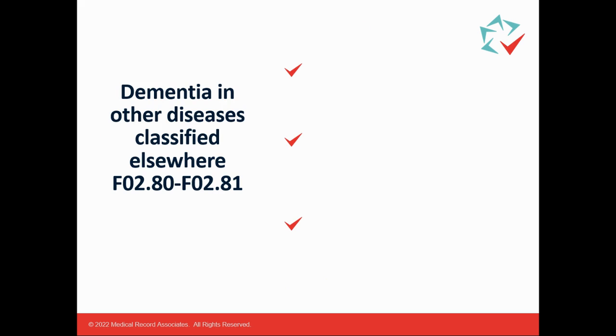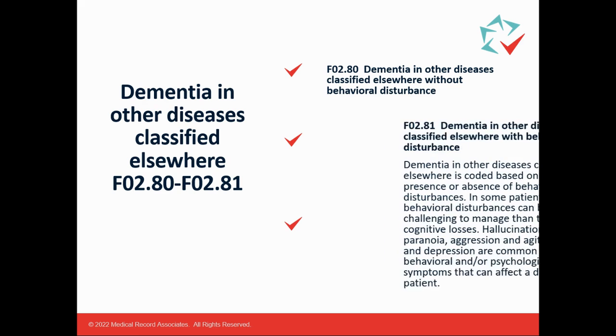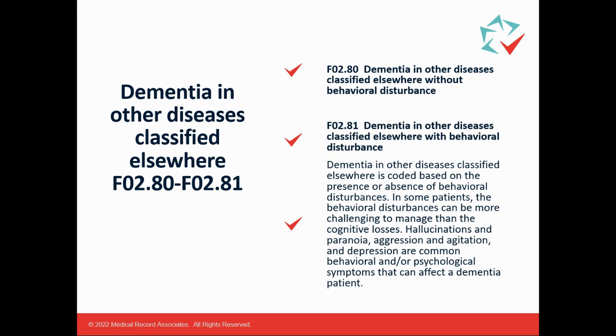So let's move on and talk about dementia and other diseases classified elsewhere, which is an add-on code that you code with another disease. You'll use this as an accompany code. And these codes are F02.80, dementia and other disease classified elsewhere without behavioral disturbance, or F02.81, dementia and other diseases classified elsewhere with behavioral disturbance.